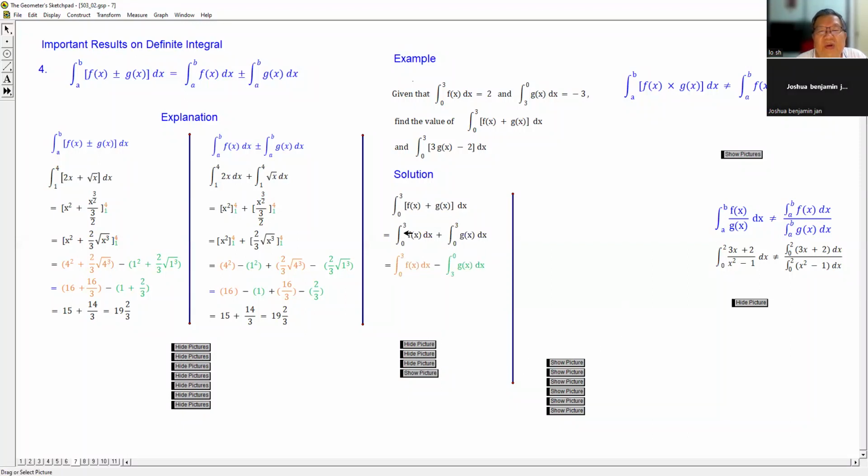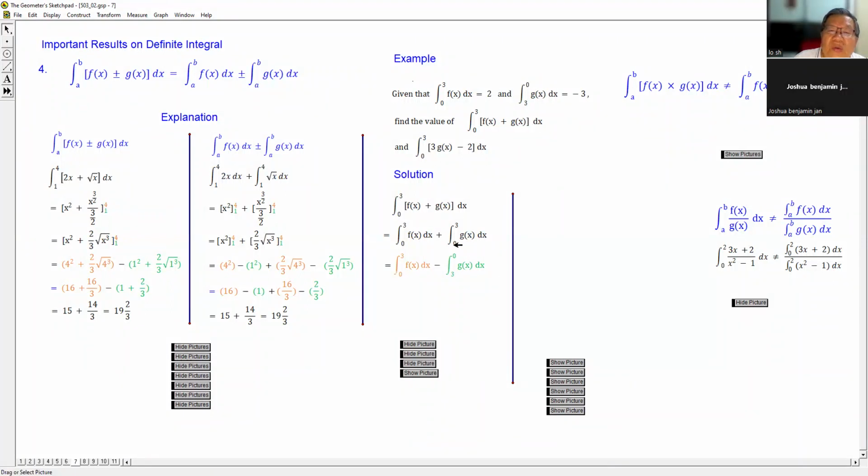This, integrate from 0 to 3 f(x) dx. No need to do anything because what is given to you is 0 to 3. However, this one, integrate 0 to 3 of g(x), you have to do something about it because what is given to you is 3 to 0.